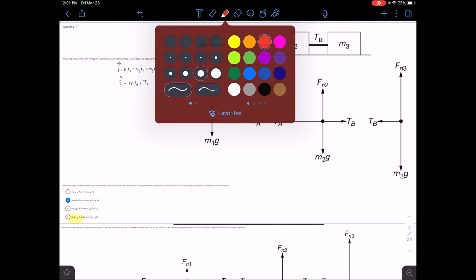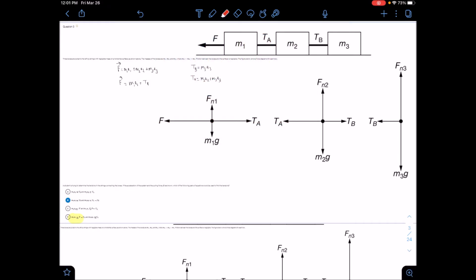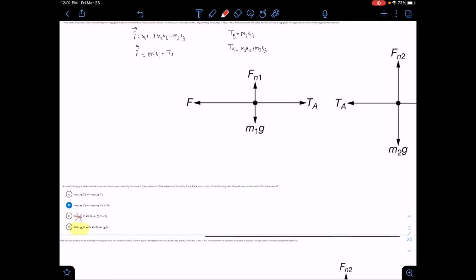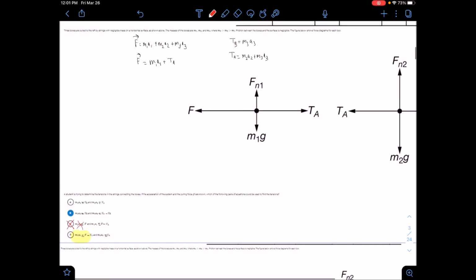But now that we know what F can be equal to, it takes out this one since that one's obviously wrong. And even though this one is correct, it is still wrong. The whole answer choice is still wrong since it's asking for the pair of equations that can be right. Let's go ahead and take a look at the other two.